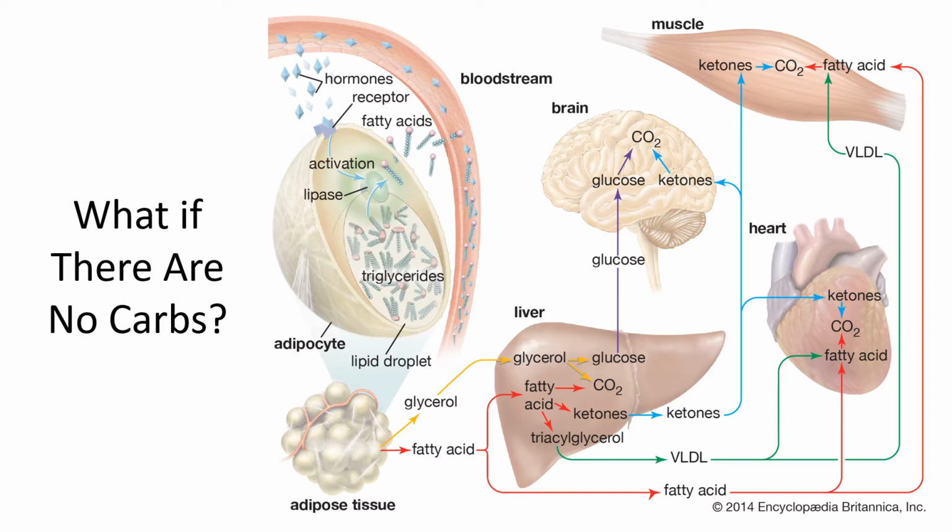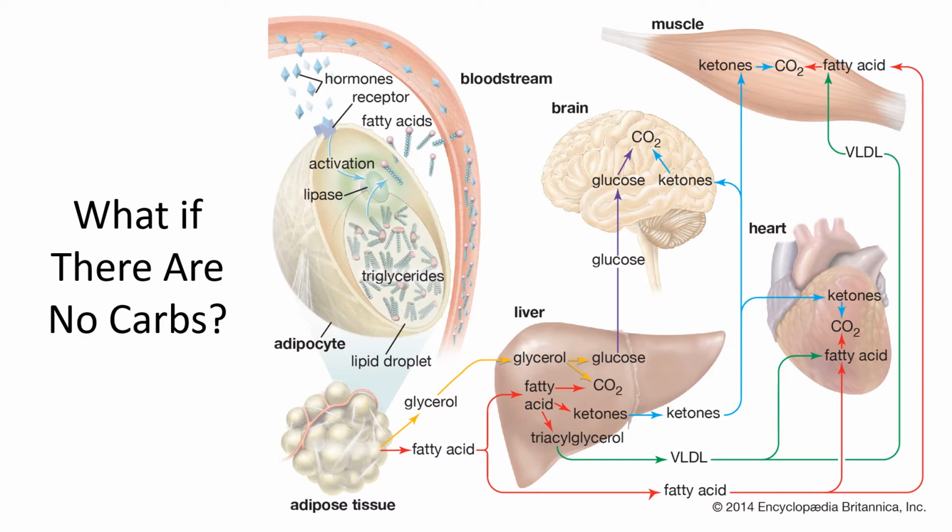And if you don't have carbohydrates in your diet, what's going to happen is that your adipose cells are going to be told to release fat into the bloodstream. And that fat is going to go to the liver. And it's going to be broken apart into glycerol and fatty acid. The glycerol can be converted into glucose. And that glucose can be used to feed the brain, along with ketones, which we'll get to in a second, and also feed red blood cells.